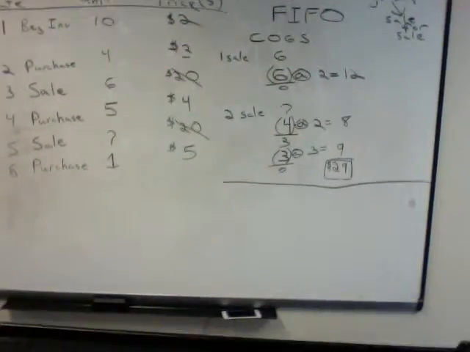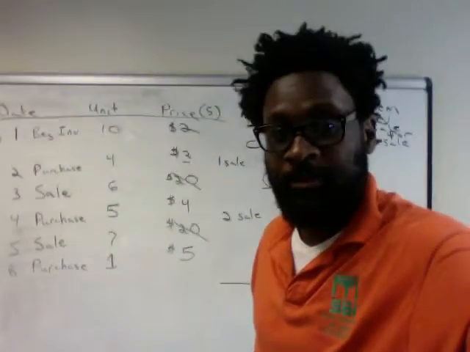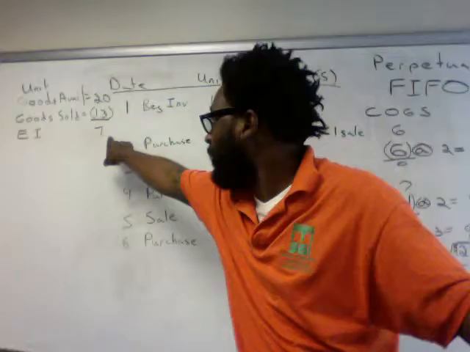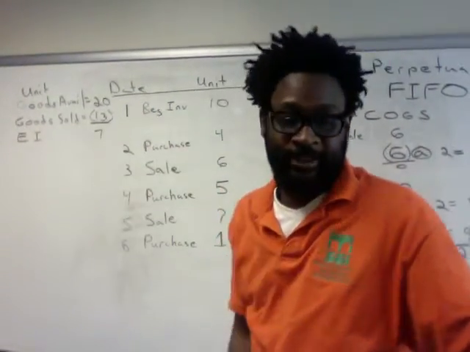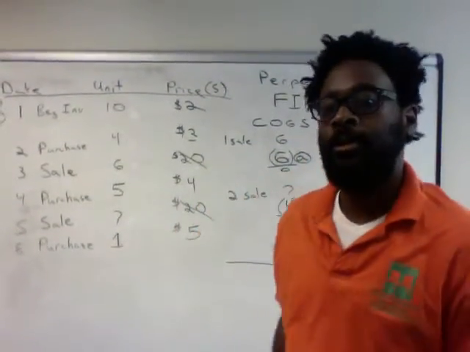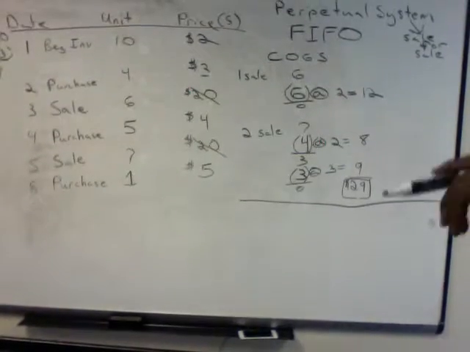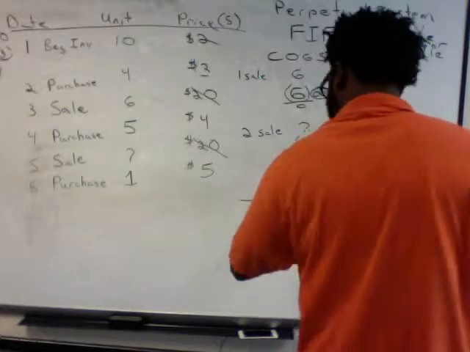And so we know how many goods we have left in ending inventory because we already calculated it over here. See? We are always going to sell 13 units, and we're always going to have 7 left regardless of the method that we choose. So we still have 7 units left in ending inventory. So now we're still practicing FIFO. We're going to look for ending inventory.